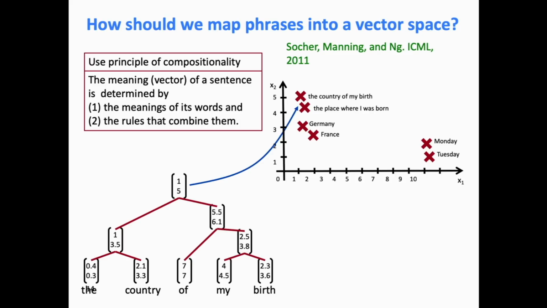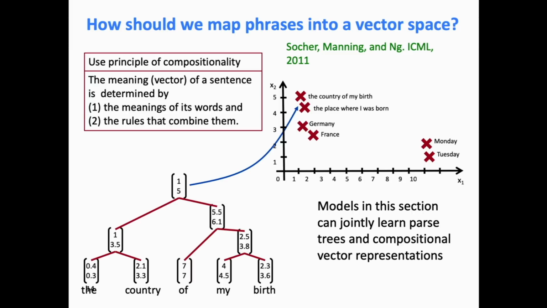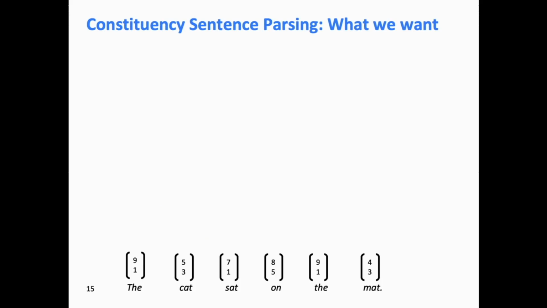So we have meaning composition rules which will let us calculate meanings upwards for larger constituents or sentences. So that seems like the right thing to do. And so then the question is, can we build a model of how to do that?